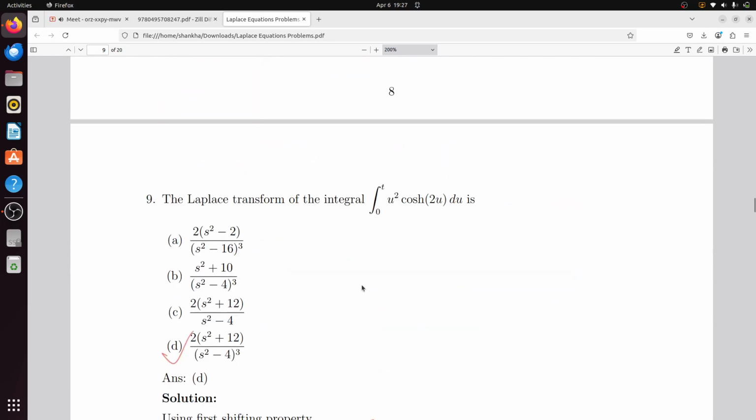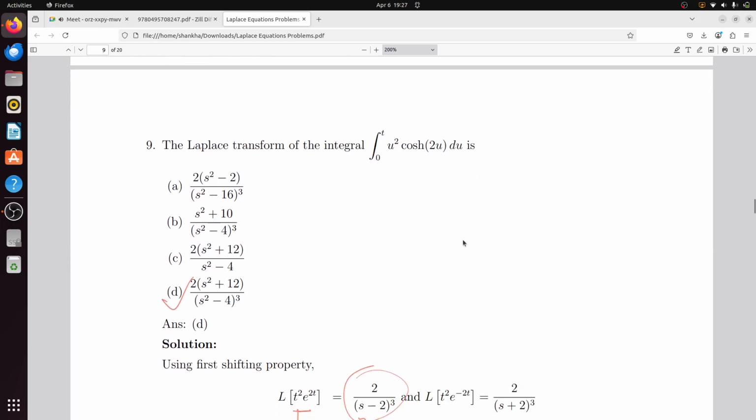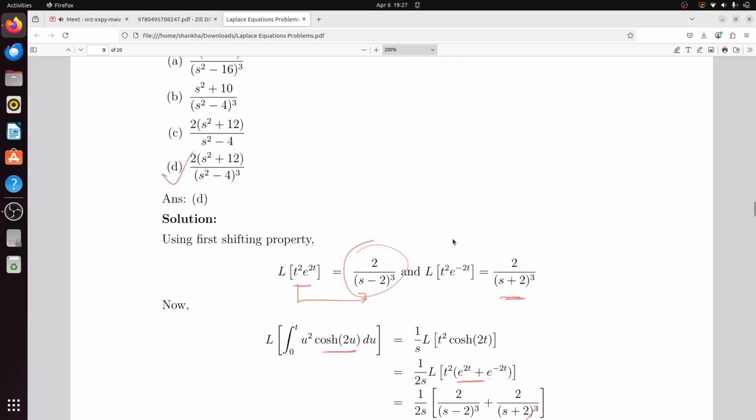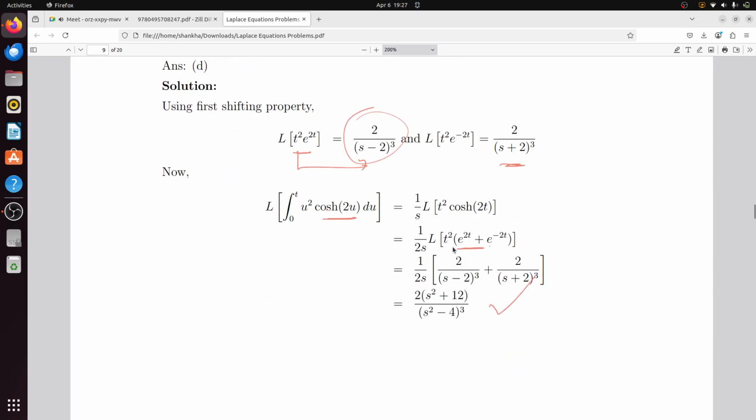Okay, so the ninth problem: the Laplace transformation of the integral from 0 to t of u square cos hyperbolic 2u du is... So the Laplace transformation of the integration 0 to t of u square cos hyperbolic u. So if you integrate it, how to do?